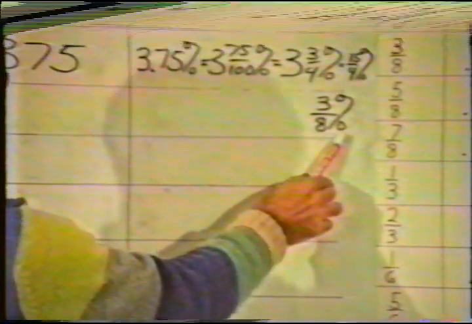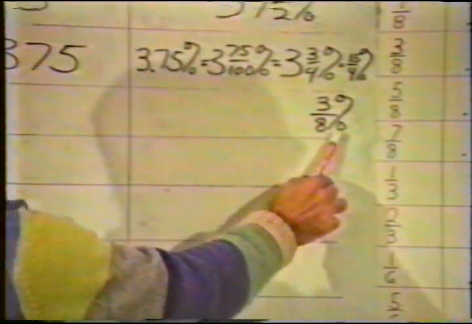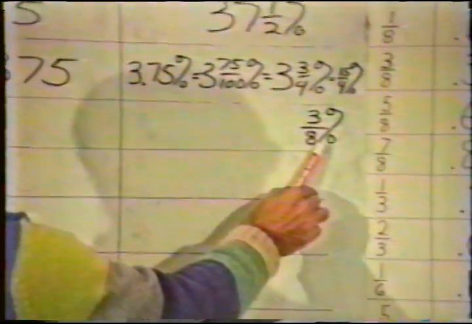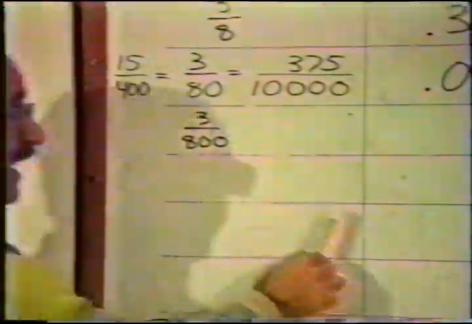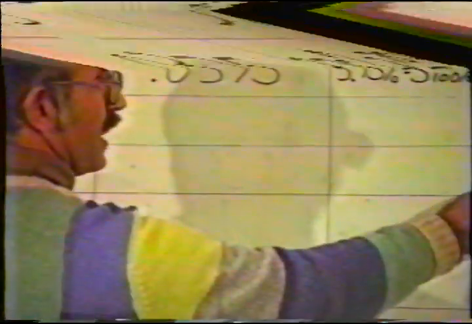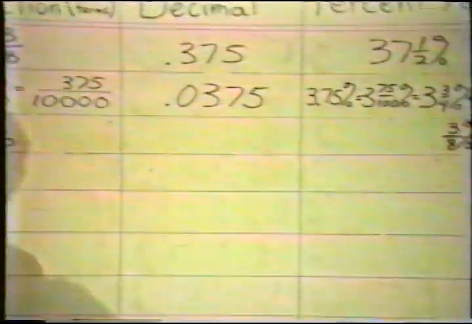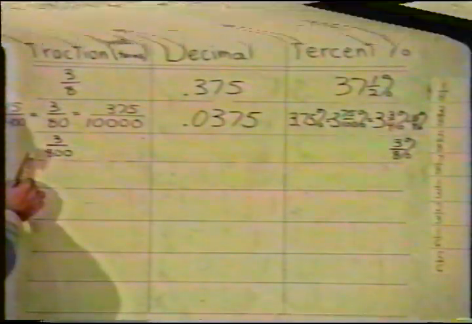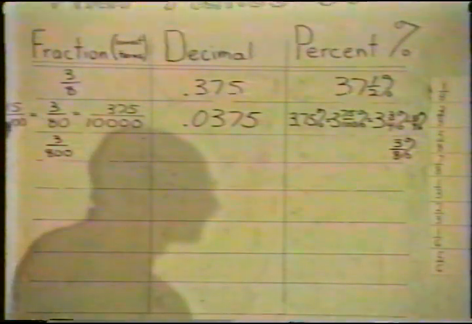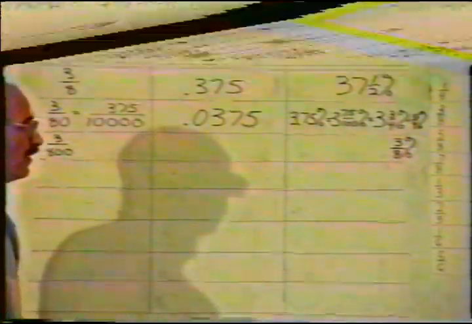We learned how to do it this way. We learned how to take off the percent sign and add the 2 zeros. Now we see the 2 zeros on the bottom. We just take them off and add the percent sign on the end. 3/8% is the same thing as 3/800.